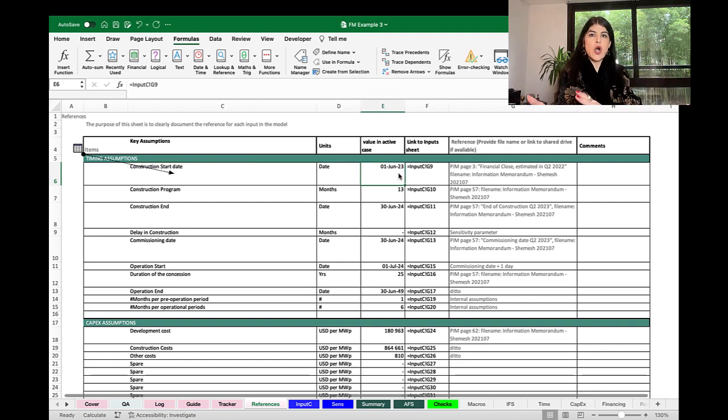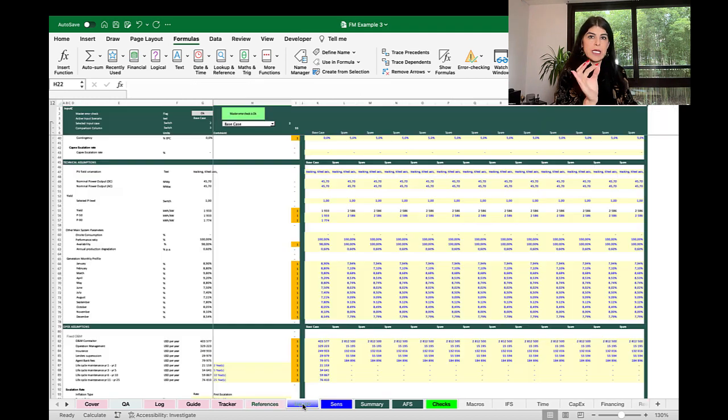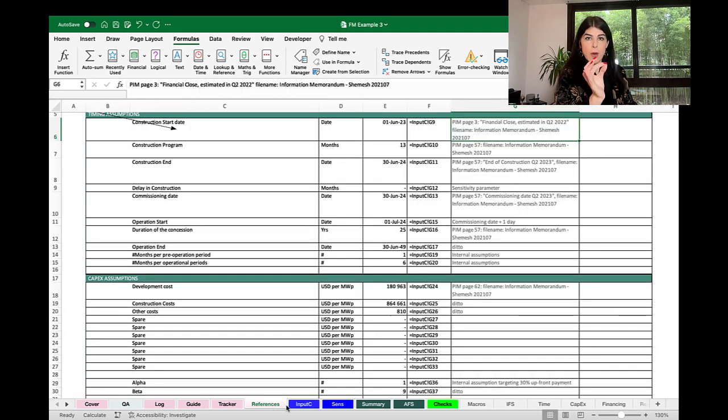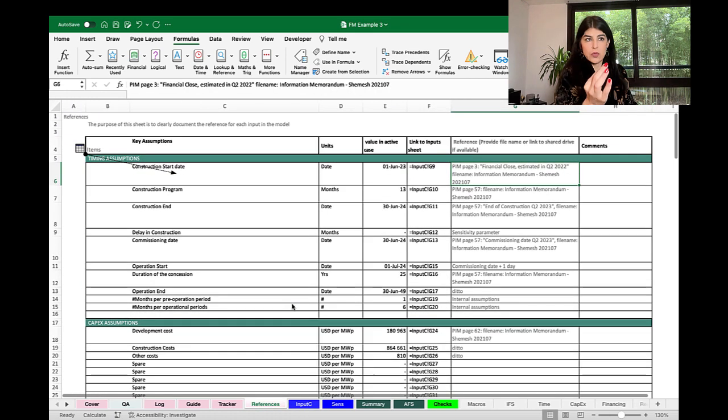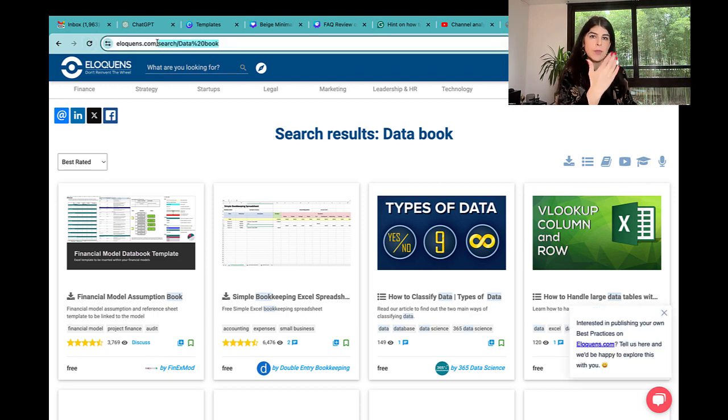It's basically a copy and paste of the financial model inputs. So for each input that goes into the model, when I'm reviewing a model, I want to understand where they got that assumption from and whether it makes sense to me and to the company or to the client that I am reviewing the model for.